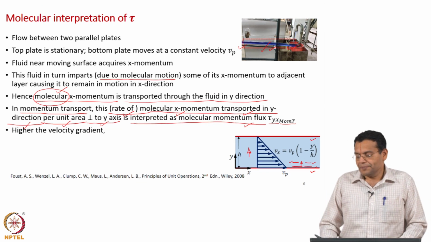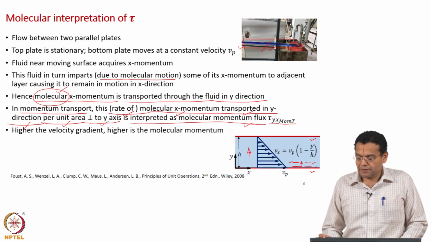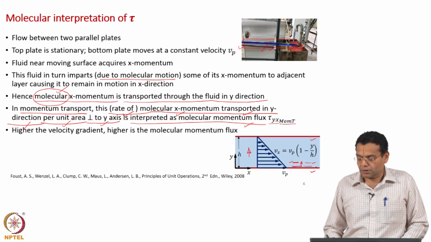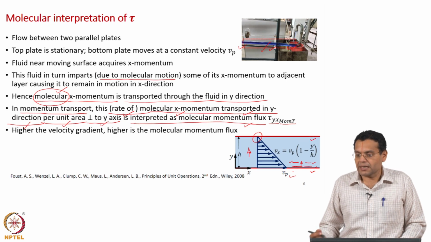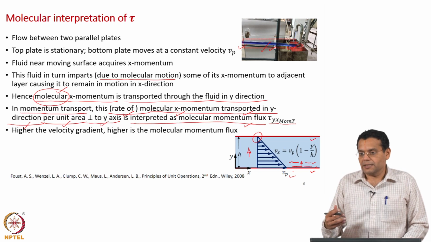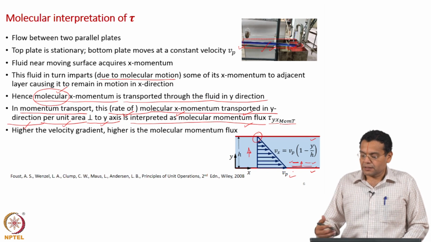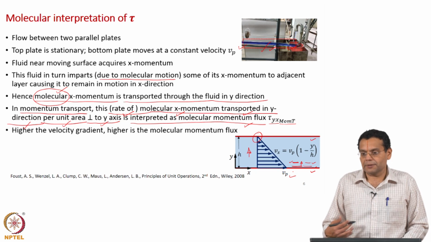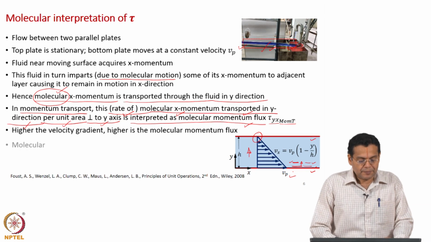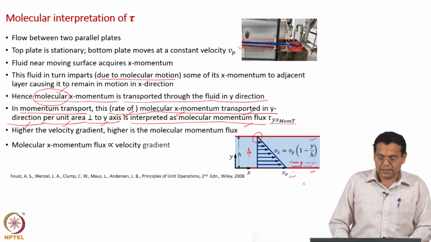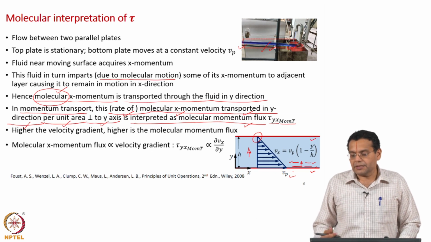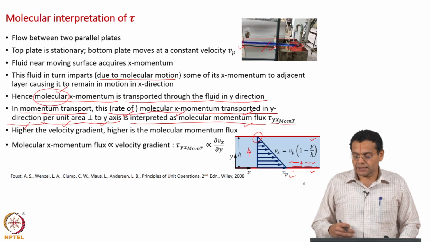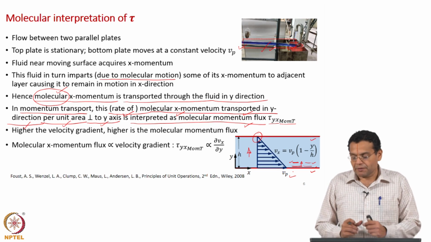And now, it is clear that if the velocity gradient is higher, what does it mean? In this case, this velocity is 0; let us say this velocity is higher and higher, then the velocity gradient is higher and the molecular flux will be higher. So, the molecular x momentum flux is proportional to the velocity gradient. This is based on the intuition that the x momentum being transported in the y direction will be more if the velocity gradient is more.